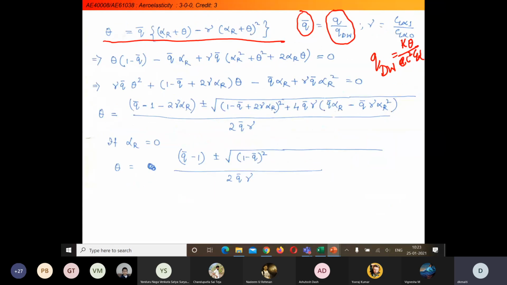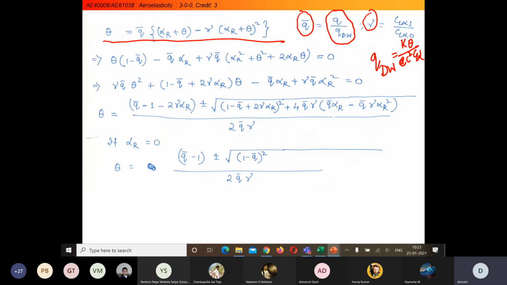So that is what I have taken here: q bar is q by q d wing. We are taking one more non-dimensional term, that is gamma. Gamma is the ratio of CL alpha 1 by CL alpha naught. CL alpha 1 is the coefficient of the quadratic term, and CL alpha naught is the coefficient of the linear term.